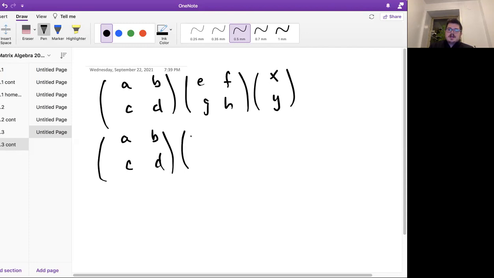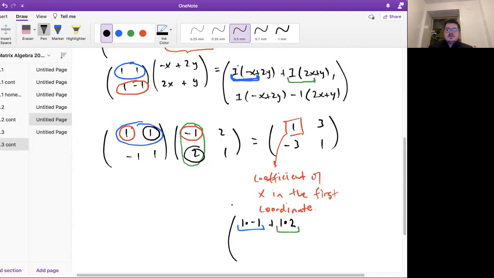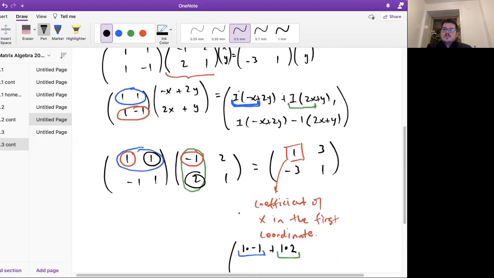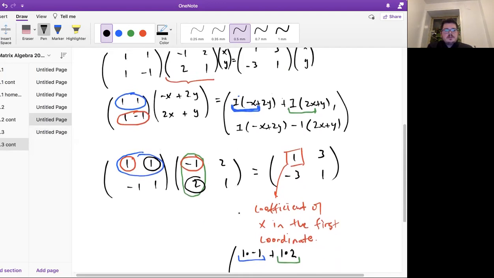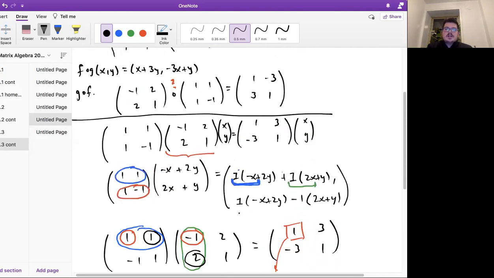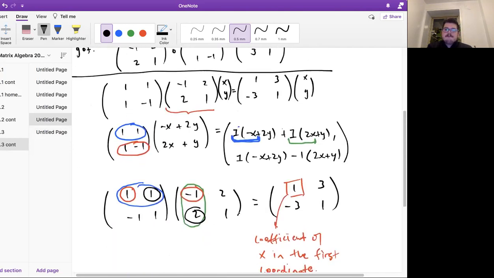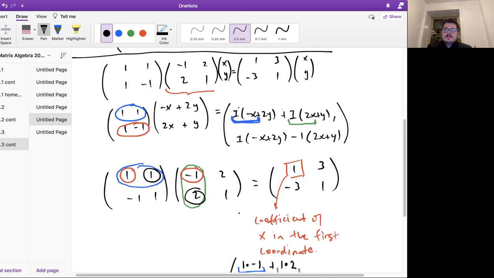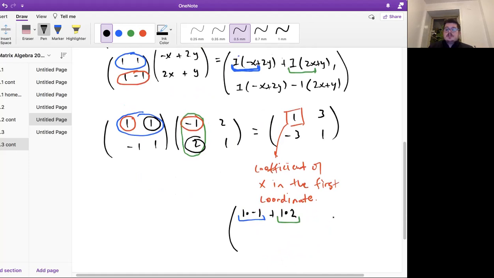So this is ex plus fy and gx plus hy. Oh, which one? Did I move the numbers around? Sorry, did I miswrite something? Oh, it did.